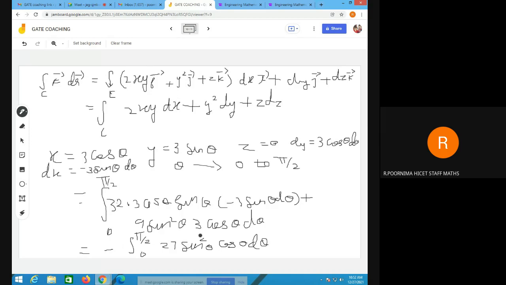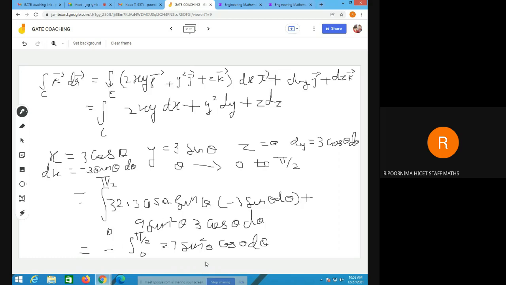Here you should not consider that cos theta term, because the interval is 0 to pi by 2, and cos pi by 2 is 0. So you consider only the sin square theta term.